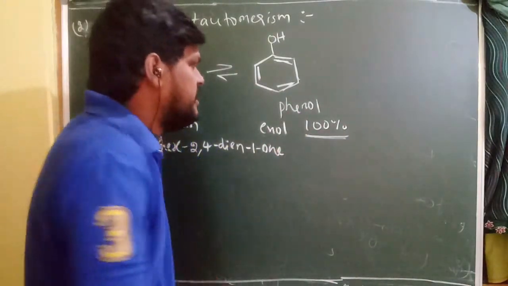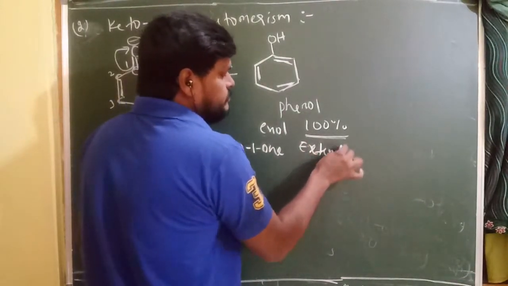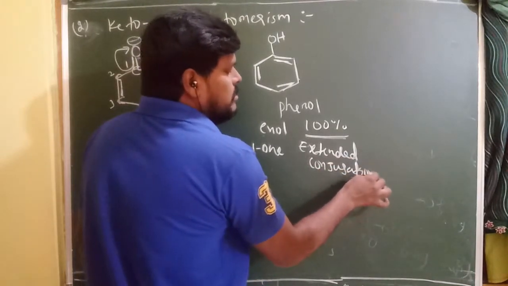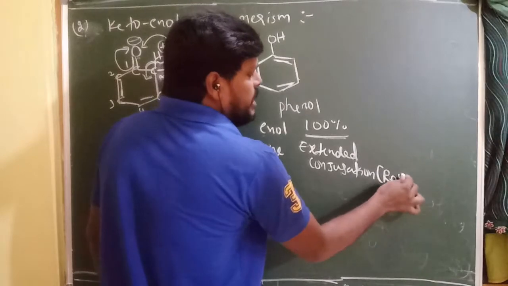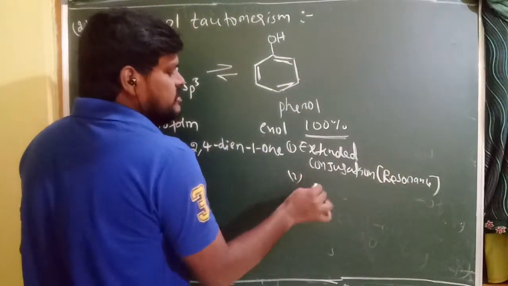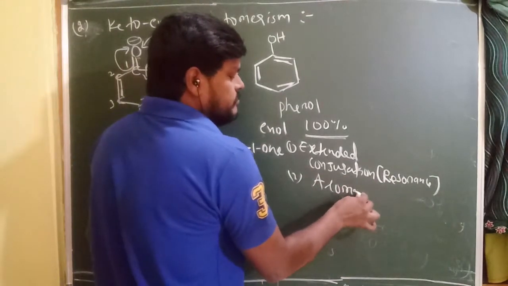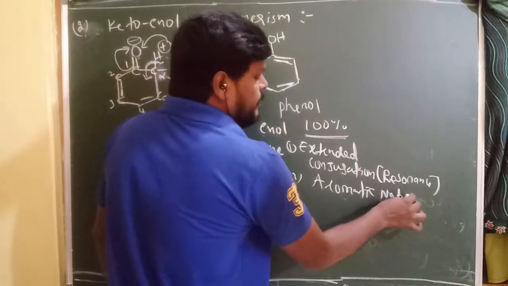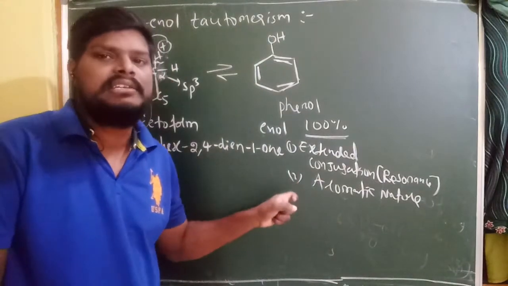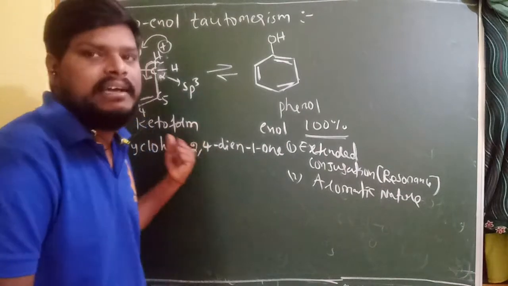It is extended conjugation. That is resonance, that's why it is stable. That's the first reason. And the second strong reason is aromatic nature. This is a benzene ring, that's why it is aromatic in nature. So these 2 strong reasons explain why the enol form is 100% in this example.